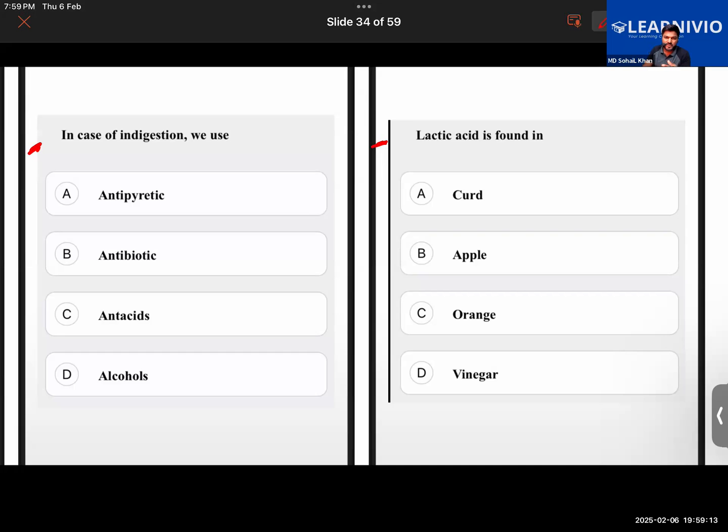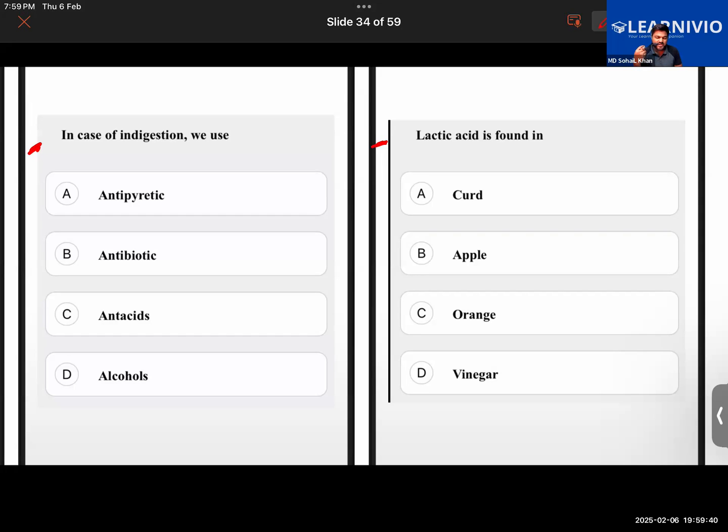Indigestion causes discomfort or pain in the stomach, so the stomach would be kind of upset.